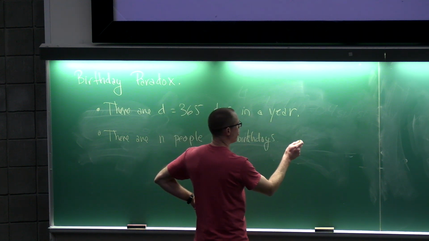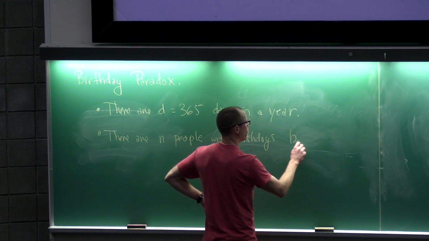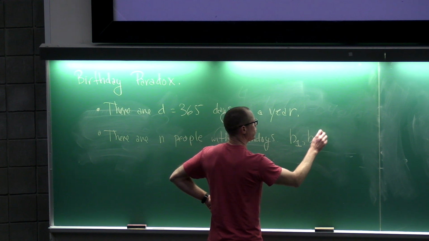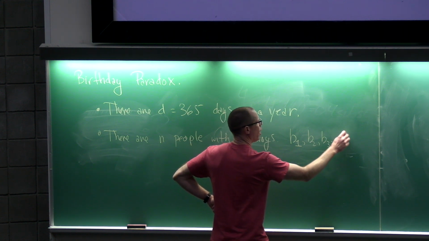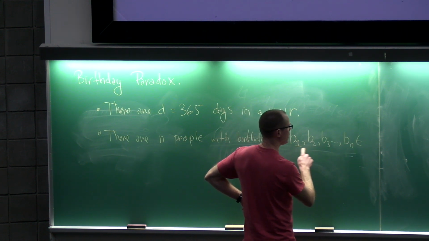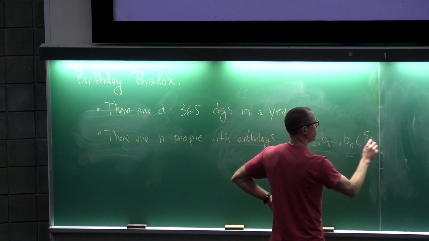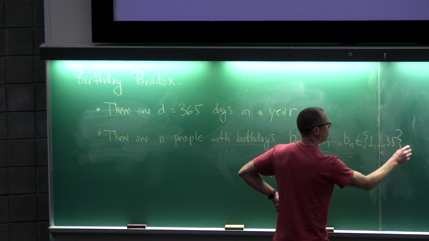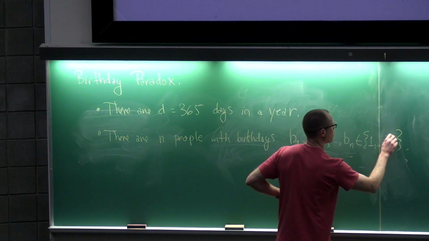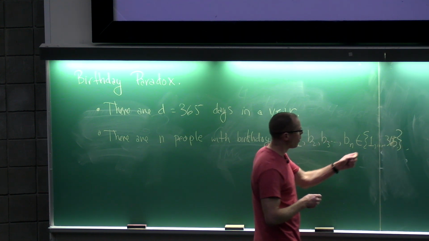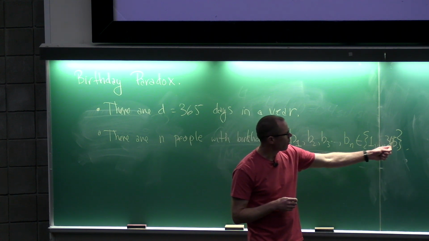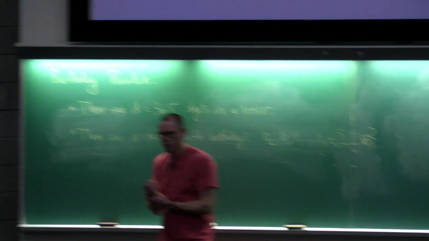List the people out in order and call their birthdays B1, B2, B3, up to Bn. And each of these things is just an integer, January 1st up to December 31st. So January 1st is day 1, and December 31st is day 365.